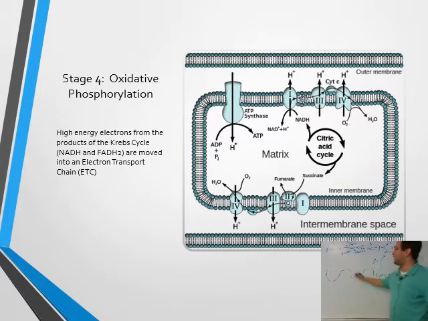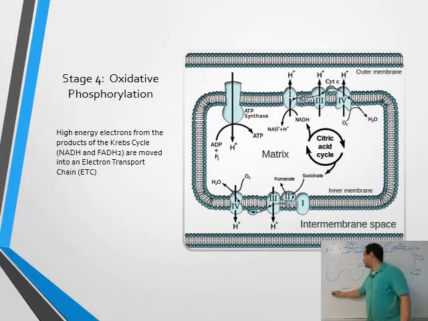This is a really big view of the edge of the mitochondrion. Here is the lumen on the inside. This is what's called the intermembrane space. Down here is where we have the Krebs cycle.